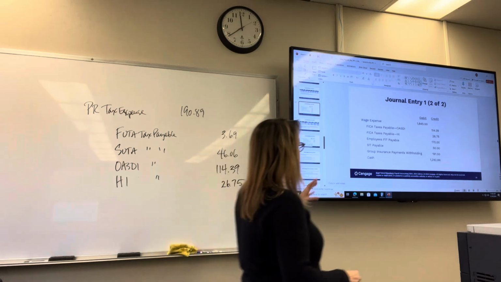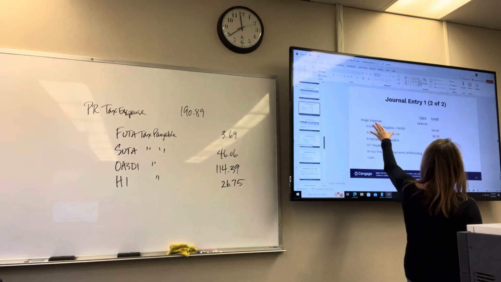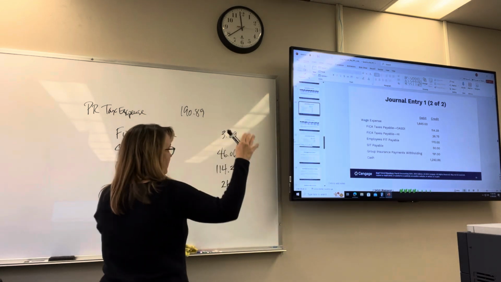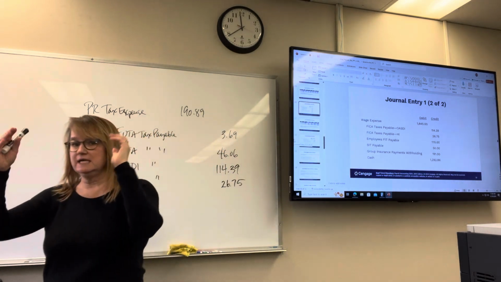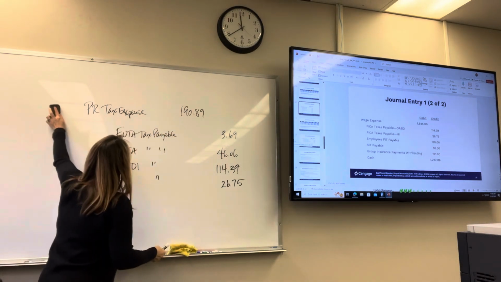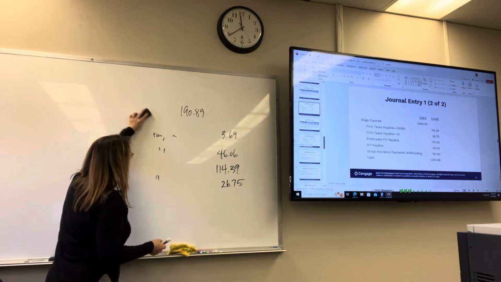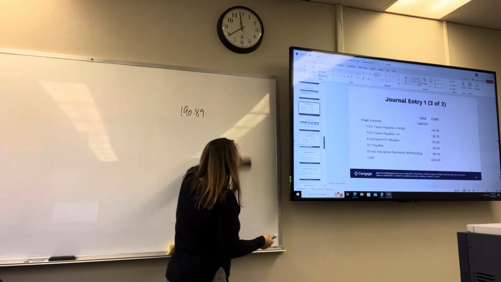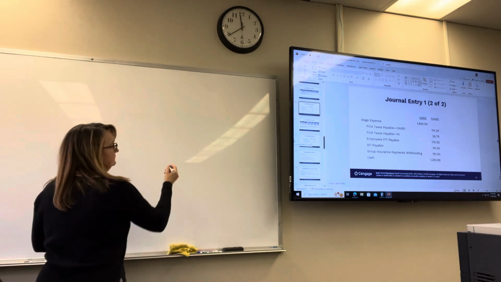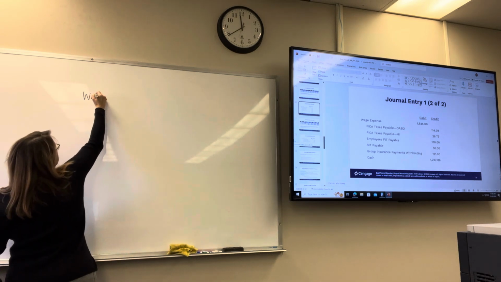What happens is for each of these accounts, we're going to post to that general ledger. So each of these accounts is going to have its own account listing in the general ledger. So our wages expense, we've got these up here.